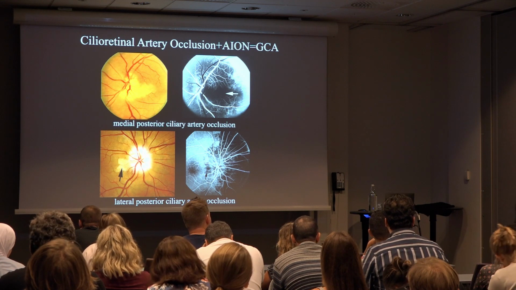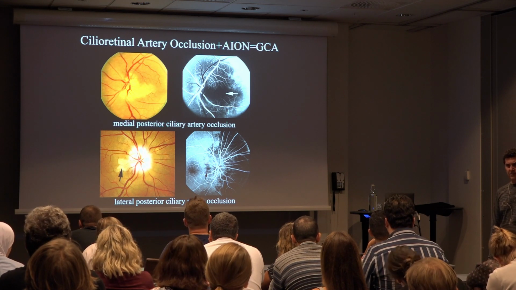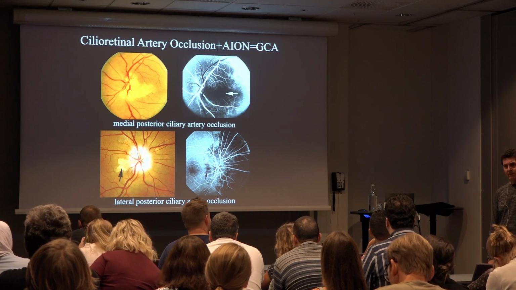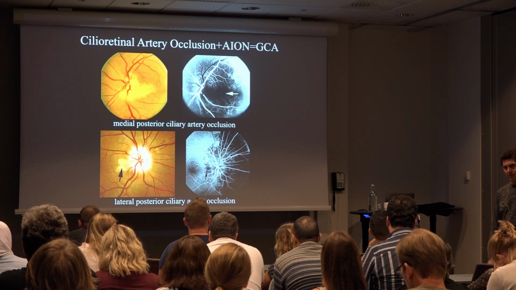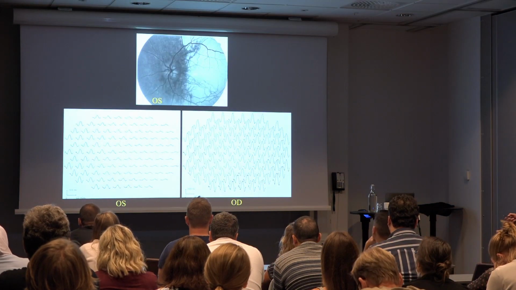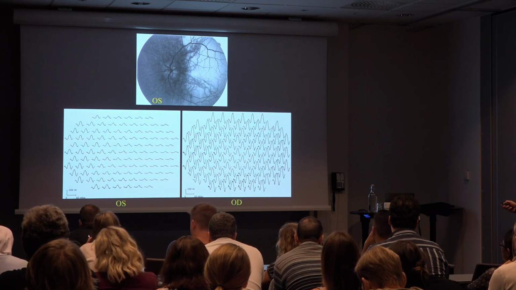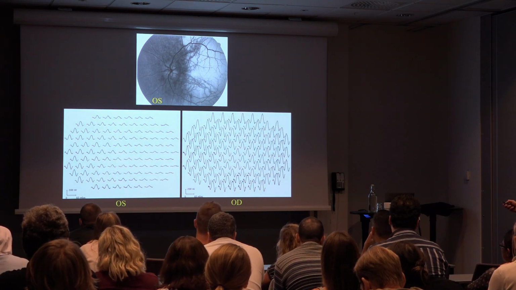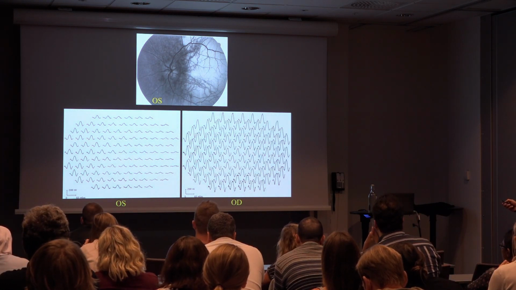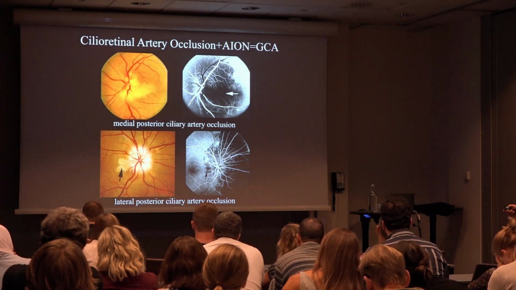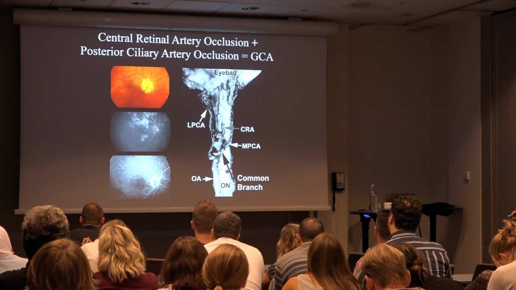No, there was profound visual field loss, if you remember that first case. Remember, hardly anything, just a small island, was left. This one, oh, this is just the electrical response from the outer retina. That doesn't say anything about the optic nerve. It's another marker of posterior ciliary artery occlusion.